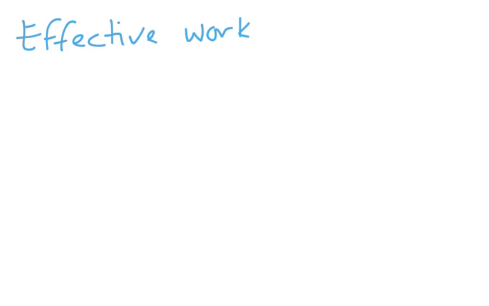We say that effective work is where theta is greater than 0, I would actually argue that it's greater than 0, and it has to be less than 90. So it's somewhere in the middle.